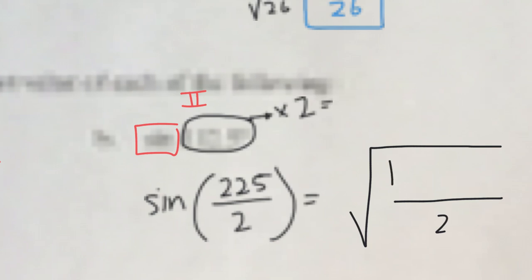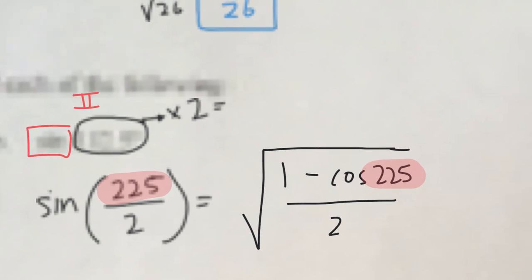Okay, so our formula was 1 minus the cosine at, in this case, 225. Okay, because whatever we have here, that's what we are taking the cosine of inside of our formula. So 225, 1 minus the cosine of 225. Okay, 225 is also known as 5 pi over 4.